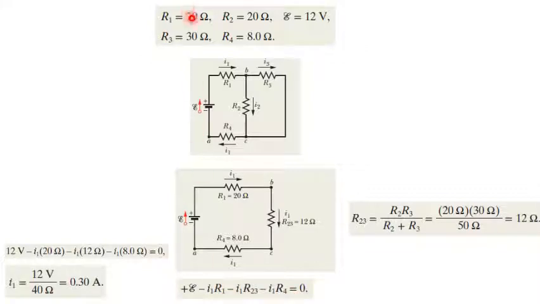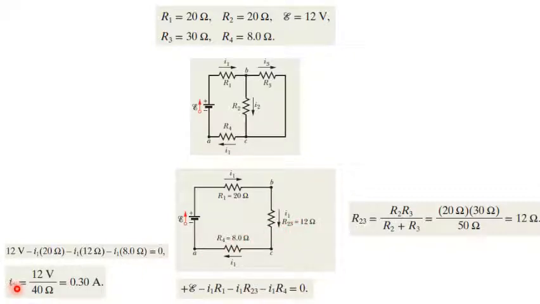R1 is 20 ohms, R23 we have calculated 12 ohms, and R4 is 8 ohms. So the only unknown in this case is the current in this loop. So we can solve for this current. It would be E over R1 plus R23 plus R4, R1 20 plus 12, 32 plus 8, 40.